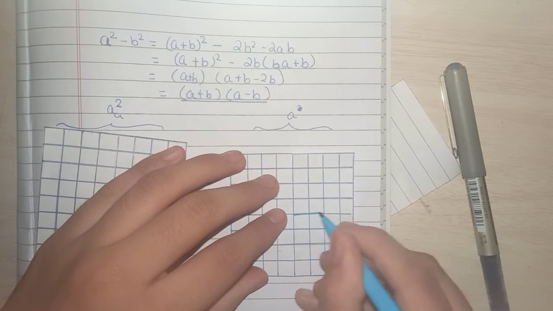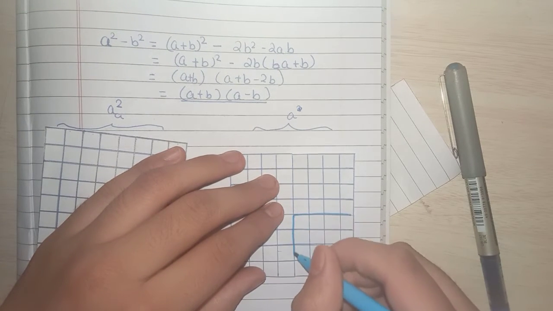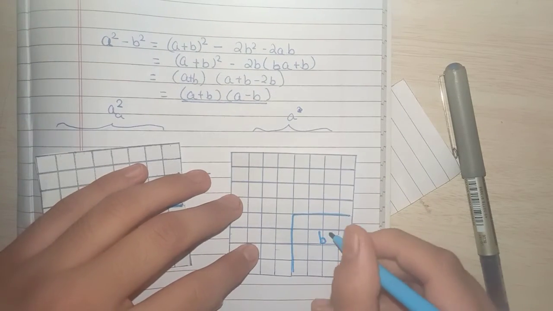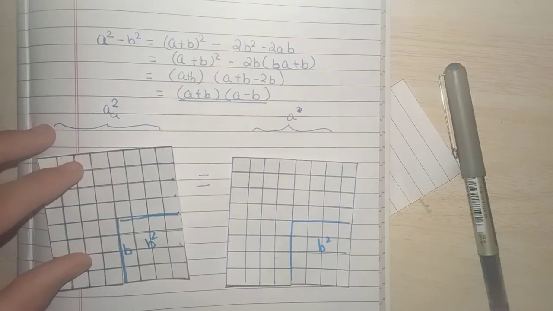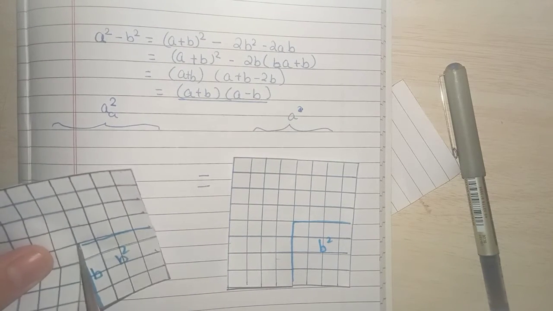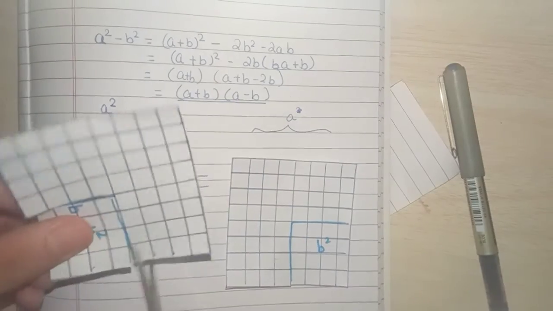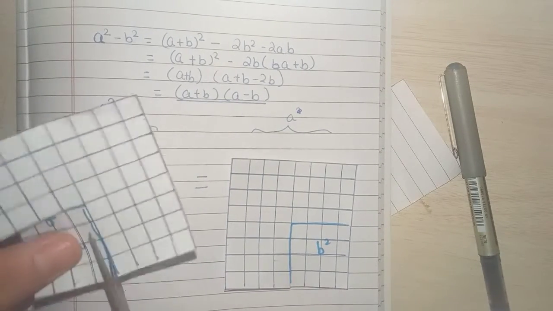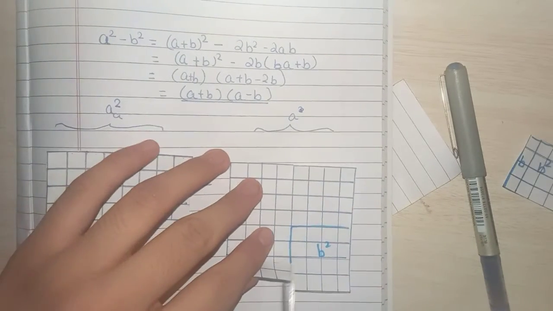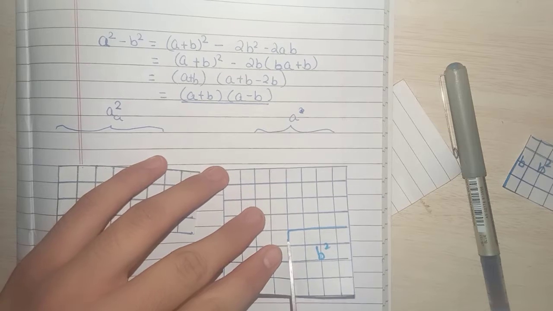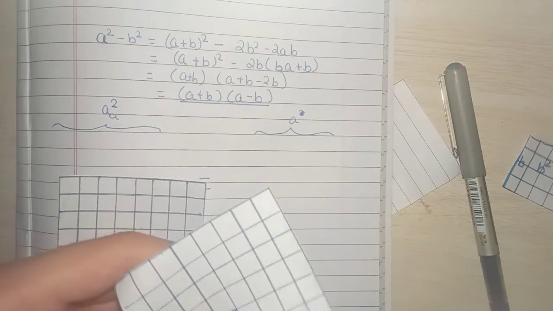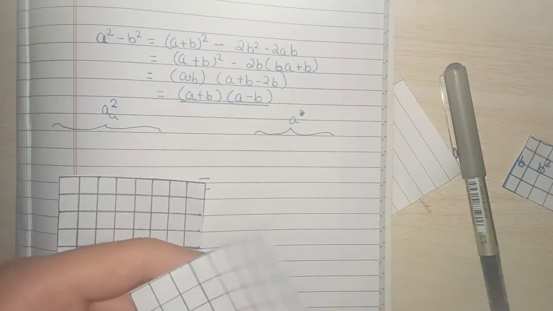Similarly, we will be removing that square over here, b squared, and in order to remove that we will be cutting that off. So we can cut that off, and I should not use scissors on camera, I'm really bad at it. We can cut that off, and this is the same thing as doing a squared minus b squared.